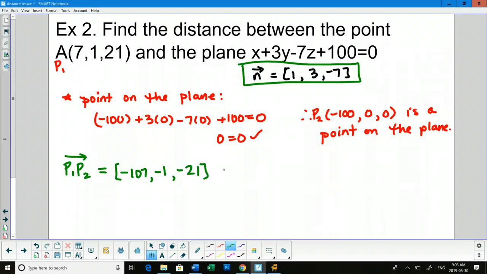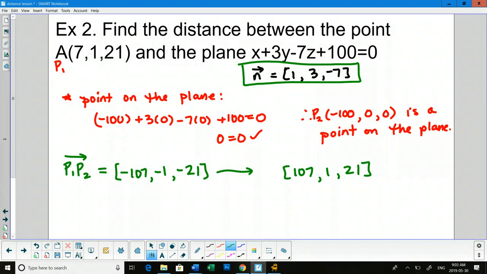Just for our purposes here, we can make this the vector in the opposite direction, just so we don't have as many negatives, because I can do P1P2 or P2P1, it doesn't really matter. If you want to use the one with the negatives, that's fine. You'll just end up taking the absolute value of a negative number when you do P1P2 dotted with the normal. Sorry, I'm losing my voice here.